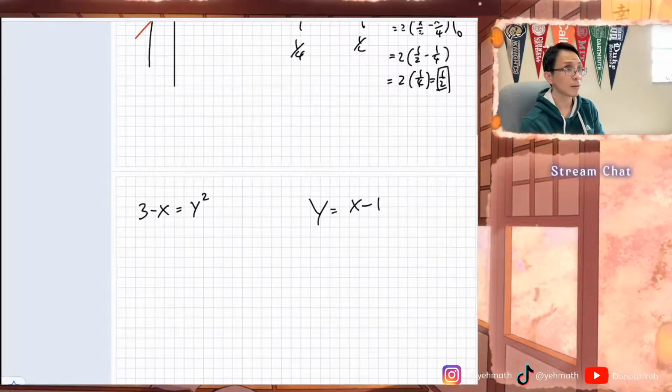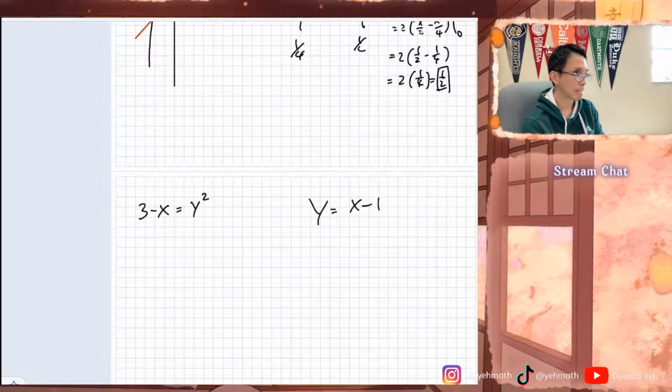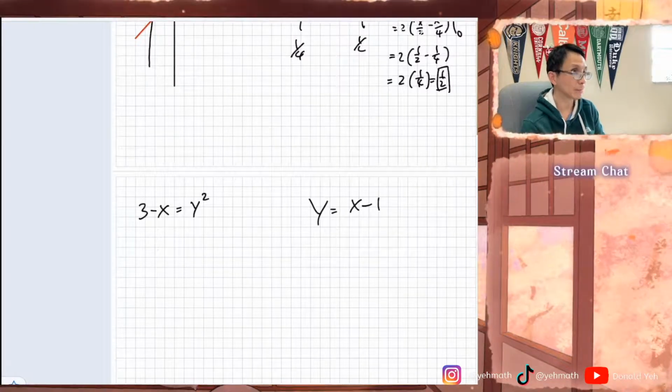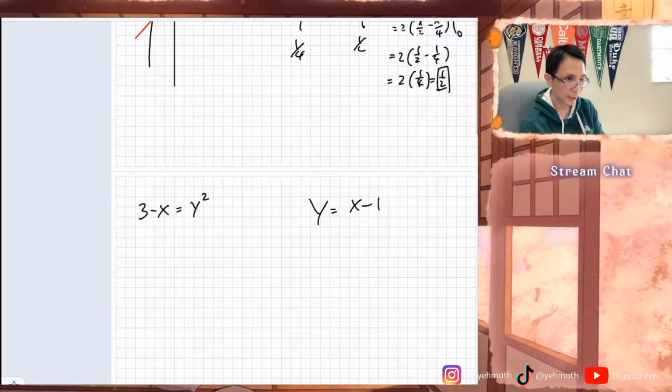So we want to find the area between 2 regions. And there's the 2 equations here.